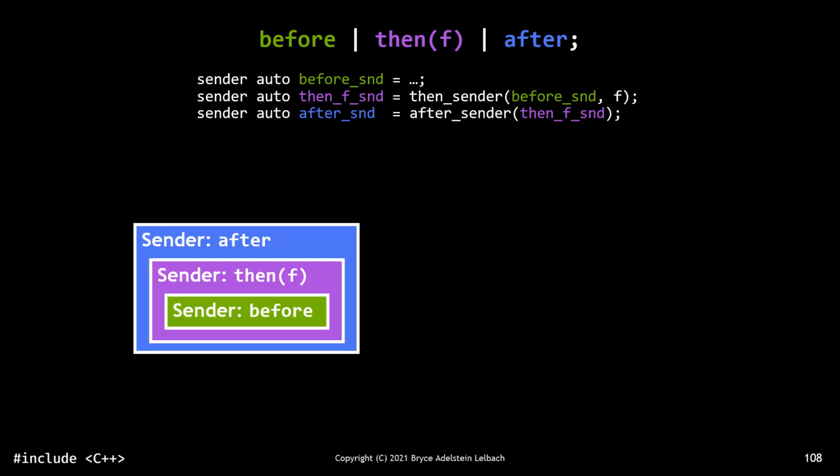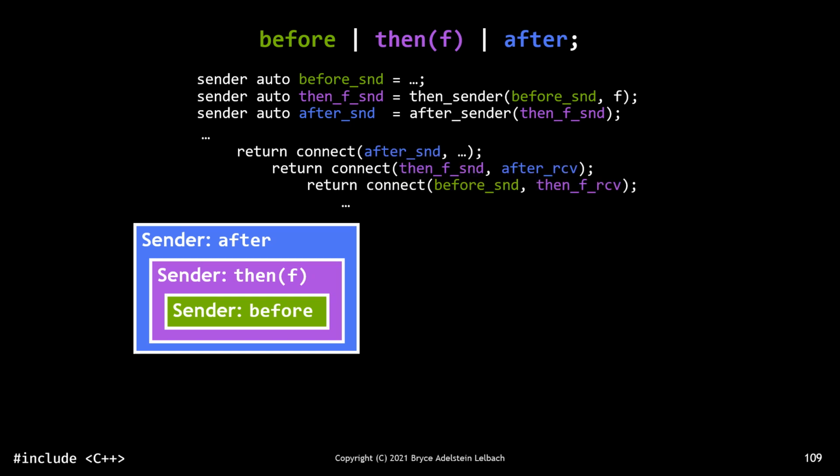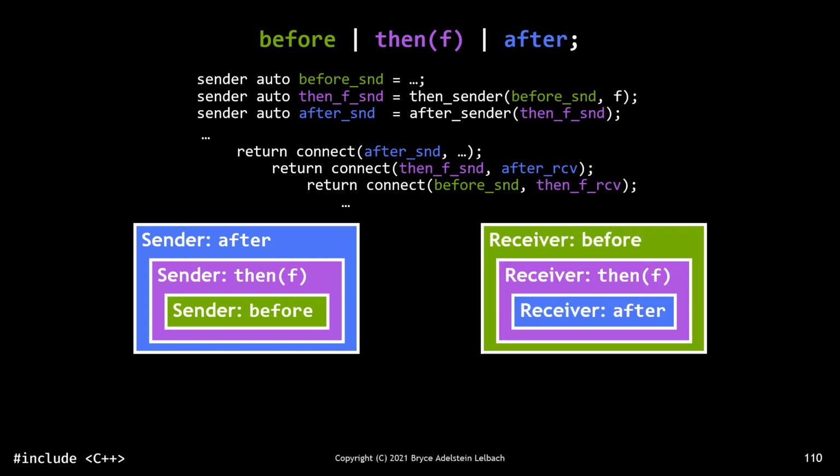We'll end up with a nested structure of senders. At some point, we'll connect a receiver to the outermost and last sender. Each sender in the nested structure will connect a receiver to its child. This happens in the opposite order of sender construction. That will give us a nested receiver structure that's the inverse of the sender structure.